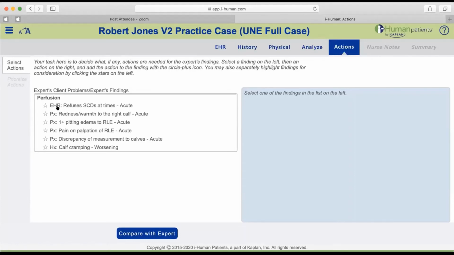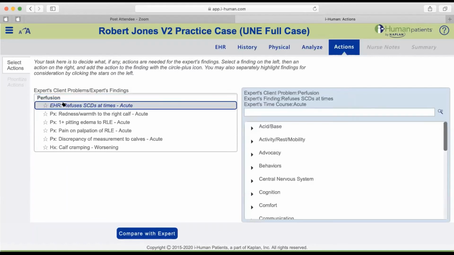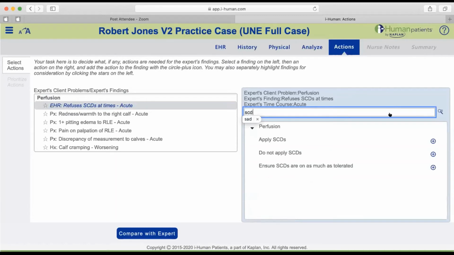Now, with each of these key findings, I may select one action or more, or I may have key findings that have no actions. Specifically, we're looking at perfusion. So if I select any one of the actions, the care plan library is listed over to the right. A student may simply type in SCDs and come up with actions they could select. Am I going to apply them or not?